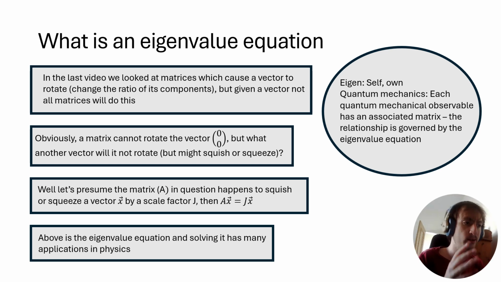So essentially the matrix is referring to the observable itself, hence the idea of eigen.